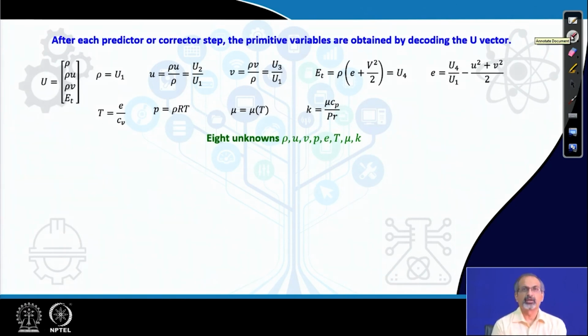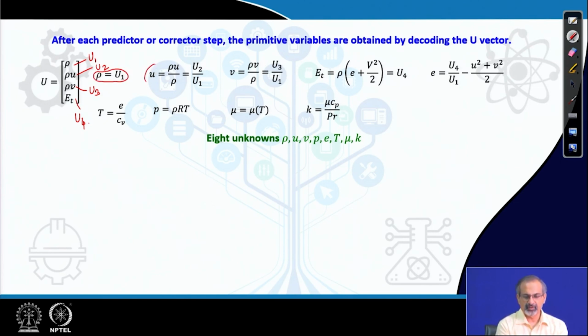After each predictor or corrector step, the primitive variables are obtained by decoding the u vector. We have seen earlier, even in the context of Euler equations, that we define different components of the conserved variables vector as u1, u2, u3, u4. In the 1D Euler equation there were only 3 components, here there is an additional component. So you have u1, u2, u3, u4.